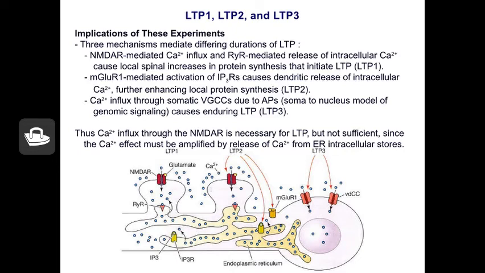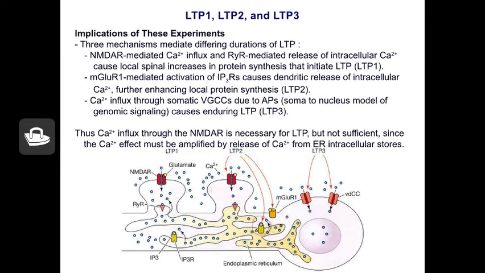And we've learned from LTP2 that metabotropic glutamate receptor activation of inositol triphosphate receptors causes dendritic release of intracellular calcium, enhancing local protein synthesis.